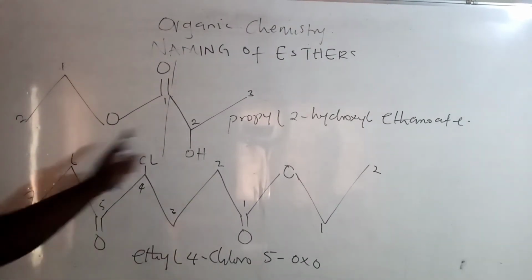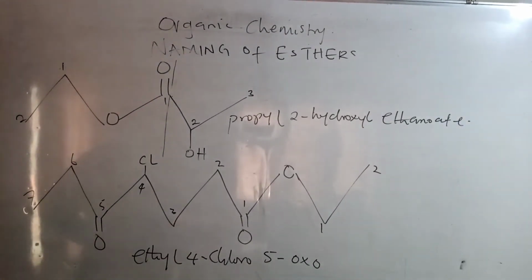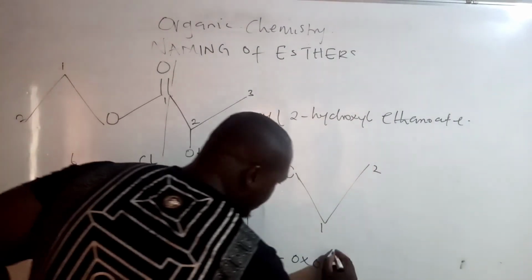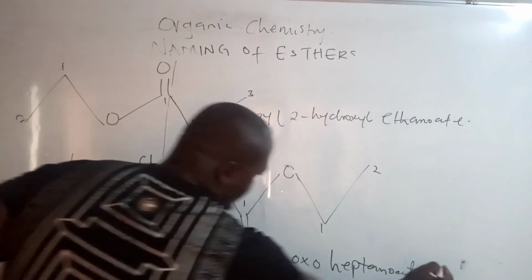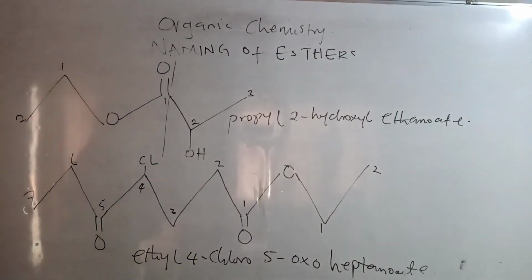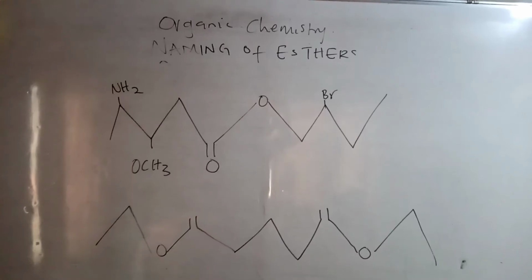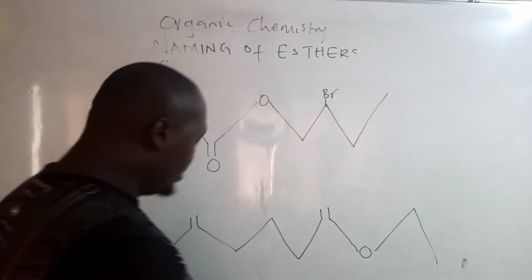The name of this parent chain is 7, so 7 is heptane, which is heptanoate. So the name of this compound is ethyl 4-chloro 5-oxo heptanoate.